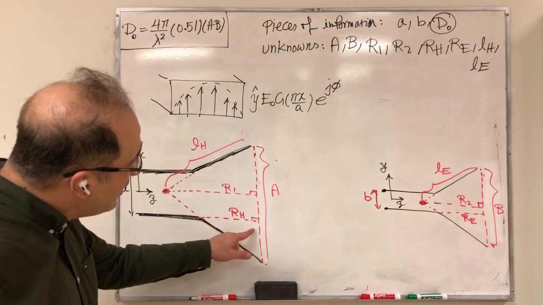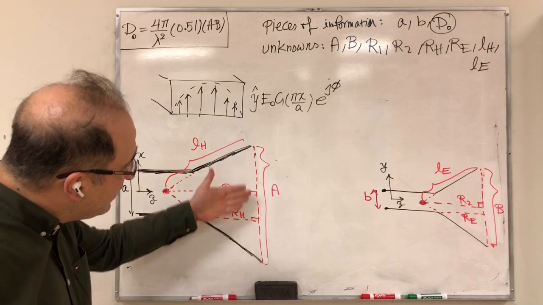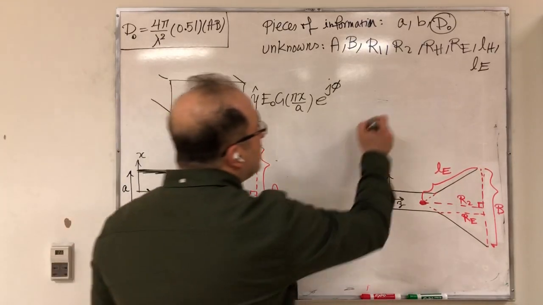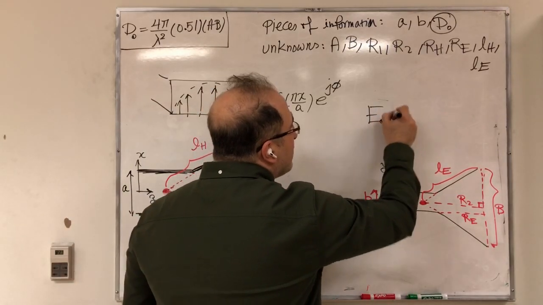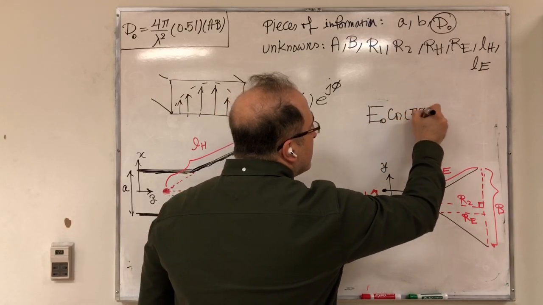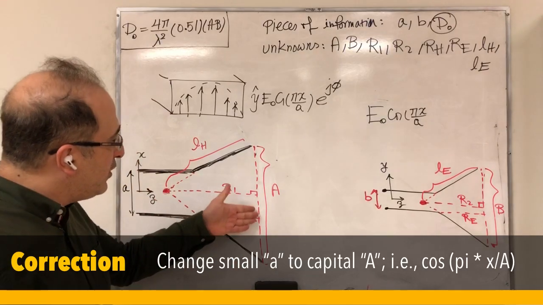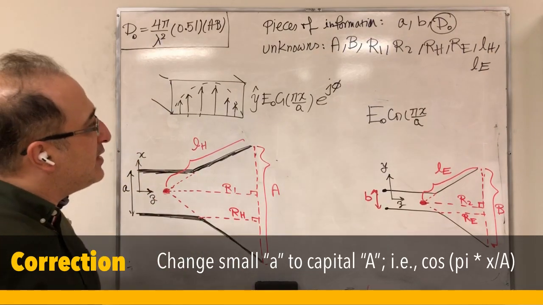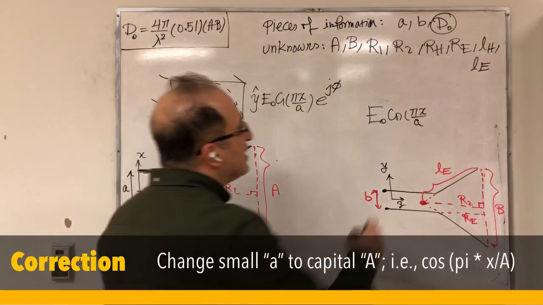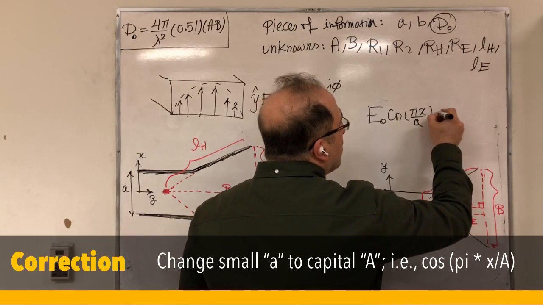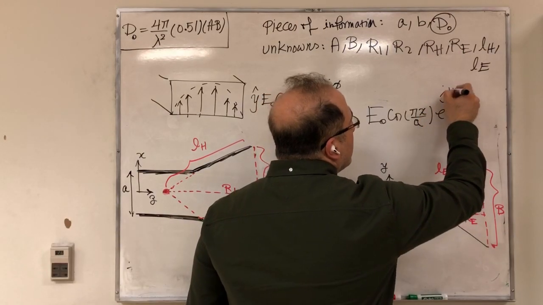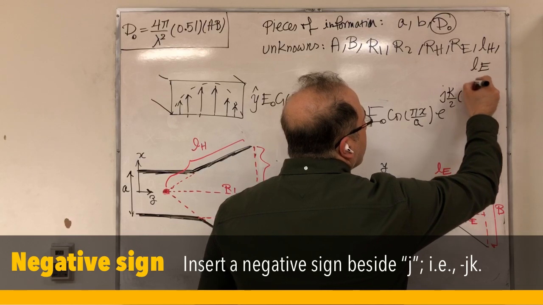But if you write the electric field for the horn antenna, the field on the aperture could have a structure like this. This x and this x could be different, because now we have the coordinates right here. But just as an example, you get e to the power of, for example, j something like that.